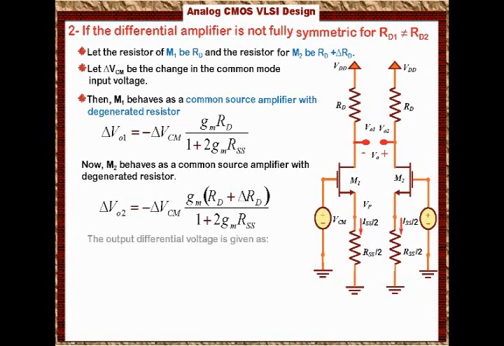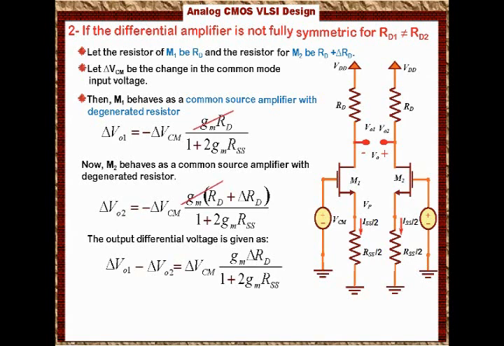And the output differential voltage is given as the difference between Vout1 and Vout2. So we say that Vout1 minus Vout2 will equal delta V common mode times gm times delta RD over 1 plus 2 gm times RSS. Basically, the gm RD on the top cancels out for both terms.